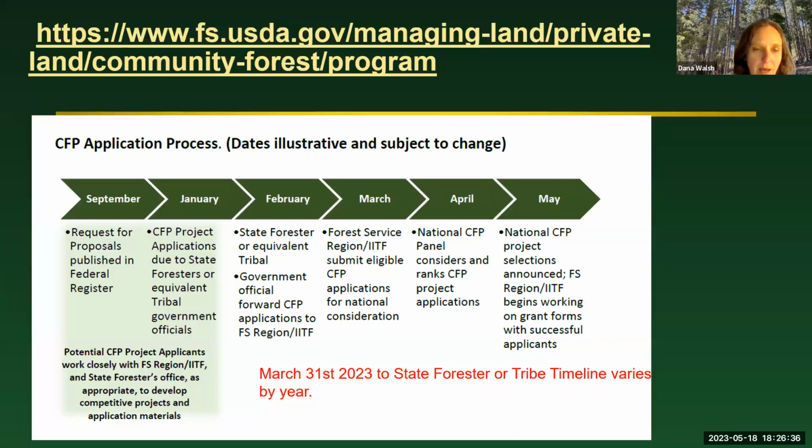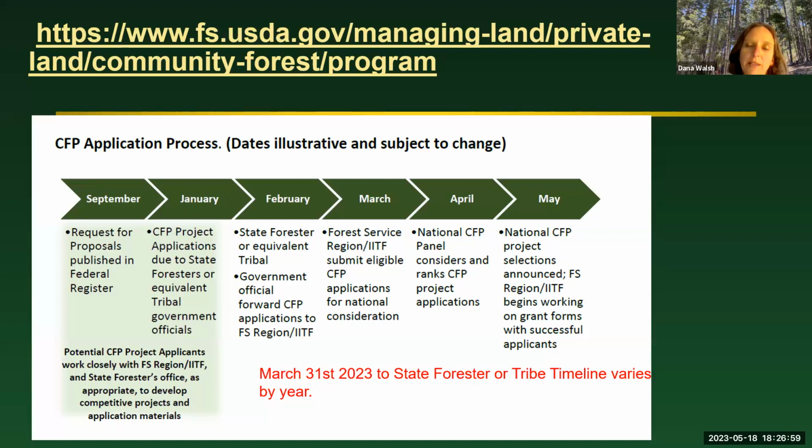So the process, usually a request for proposals is published in September and funding is awarded later that same fiscal year. And so it's a very quick process in terms of moving through the application period and being able to get funding into the hands of partners to move forward on that acquisition.